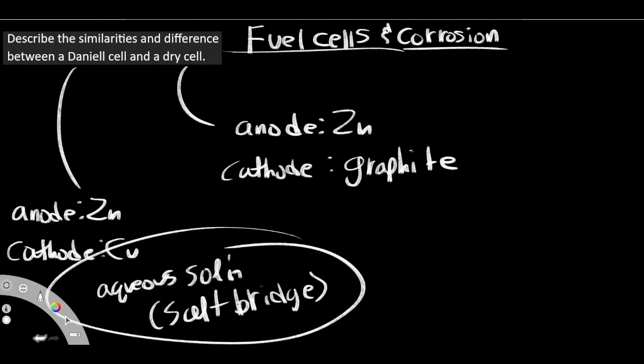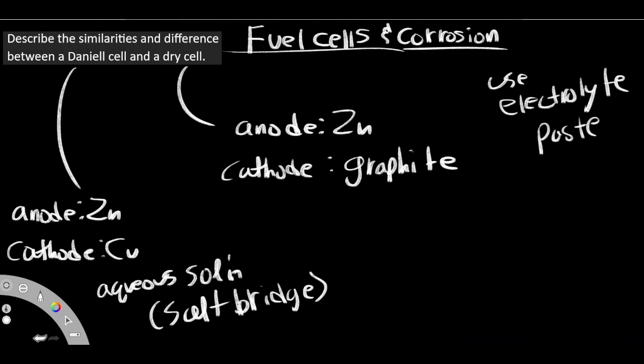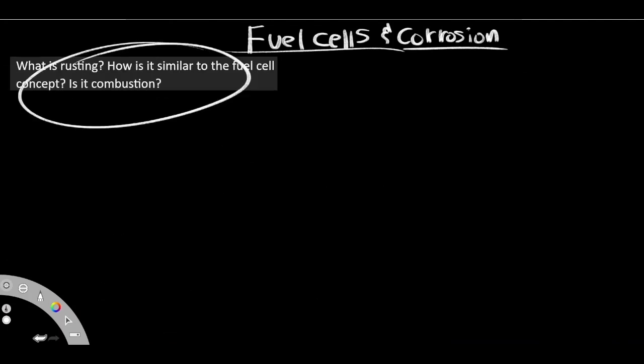Again, the video in this playlist about the Daniell cell, we went over this in detail. But in a dry cell, we just use an electrolyte paste. Hence the term dry.